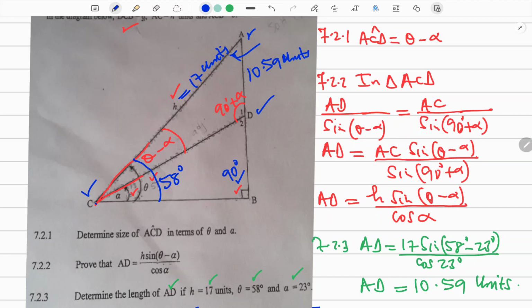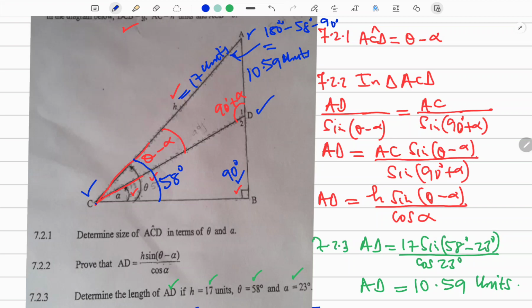180 degrees minus 58 degrees minus 90 degrees. So subtract those other two angles.